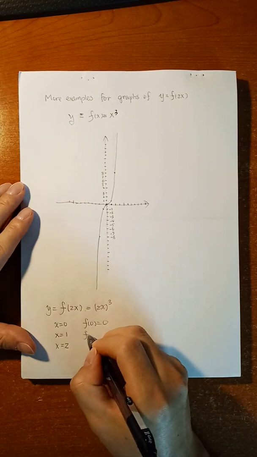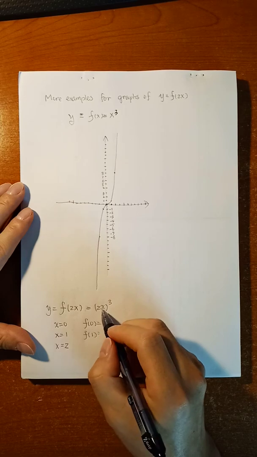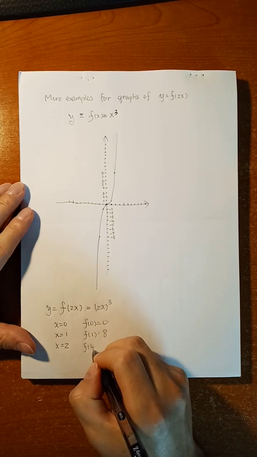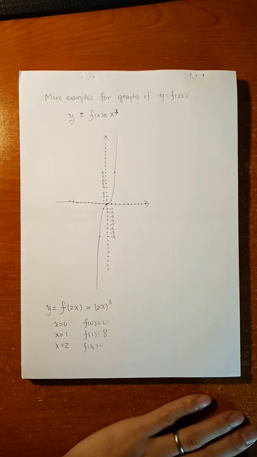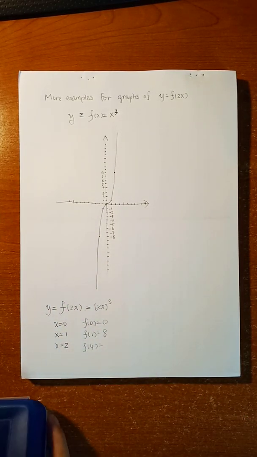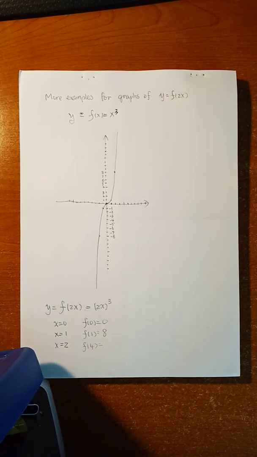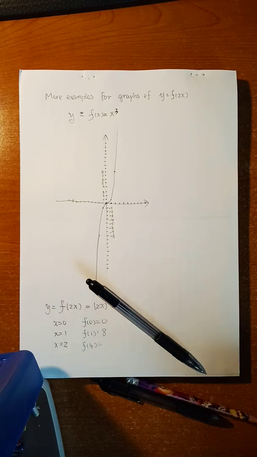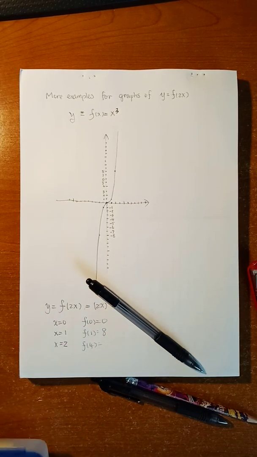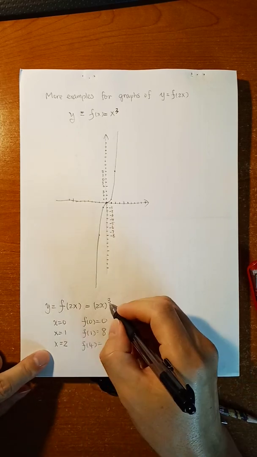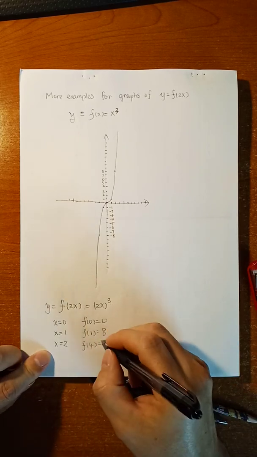When x is 1, 2x is 2, 2 cubed is 8. When x is 2, 2x is already 4. What's 4 cubed? 4 cubed is 64.